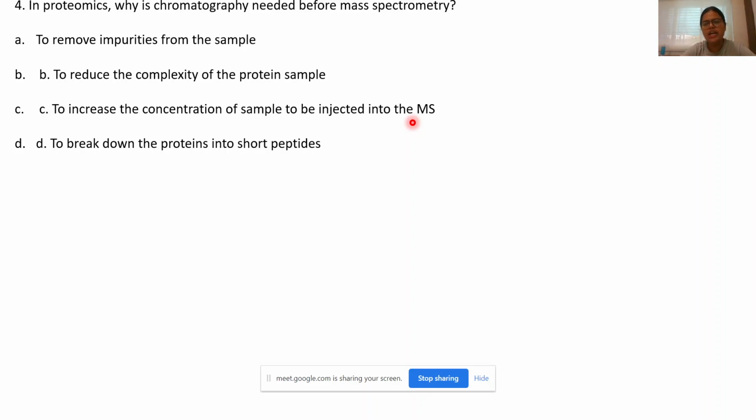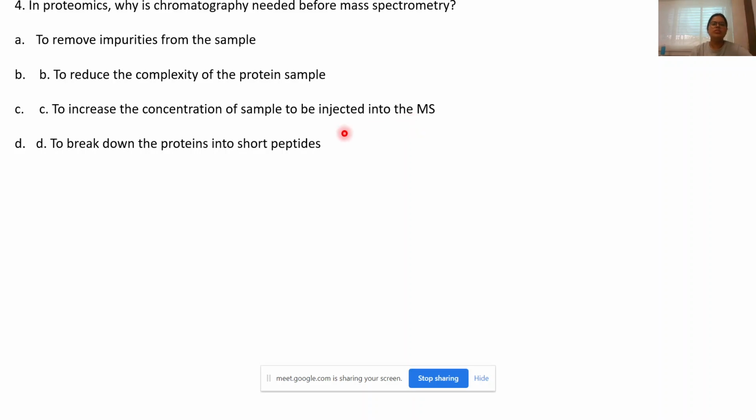If you inject a very high concentration, mass spec is anyway a very sensitive instrument, so it can even detect at femto or picomolar levels. So generally, only low concentration samples are injected in mass spec.